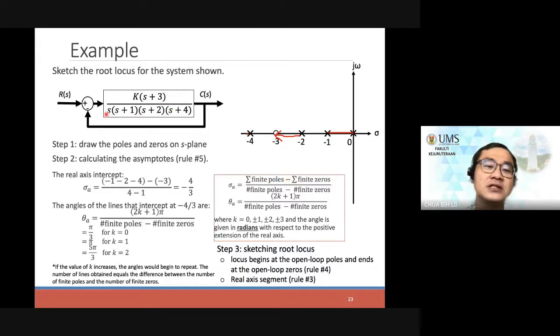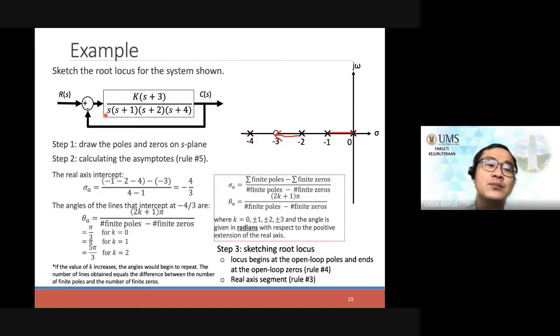So we have 0 plus -1 plus -2 plus -4, and then minus the summation of all the finite zeros. Our finite zero would be -3. So eventually we get -4, sorry. Then divide by the number of finite poles minus the number of finite zeros.